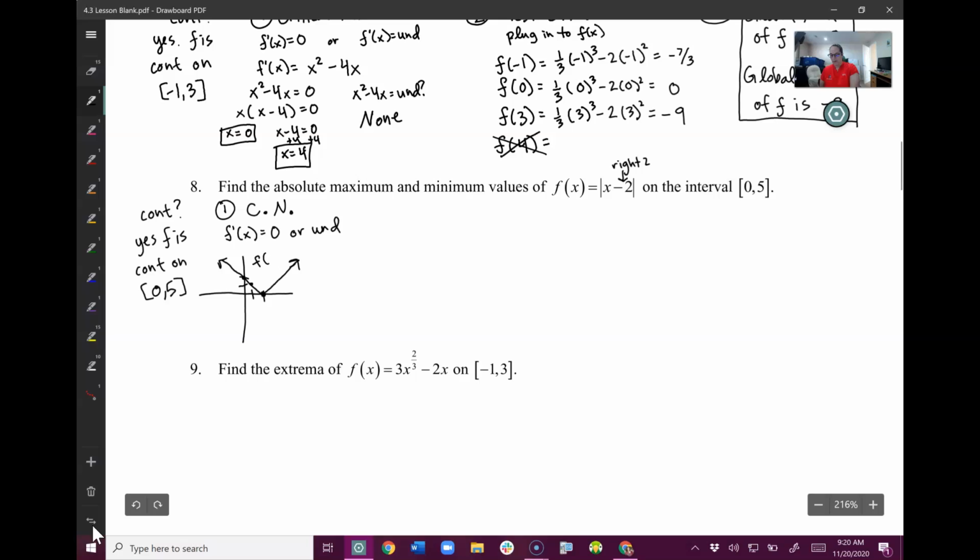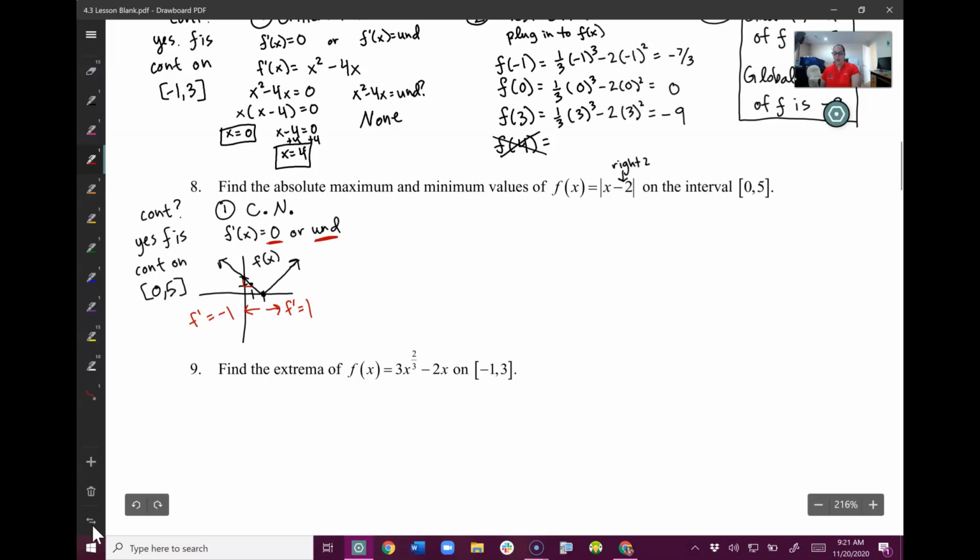This is the graph of f of x. Remember, f prime is your slope. This way our slope is -1, down 1 over 1. And this way our slope is +1. That would mean there's nowhere where f prime is 0.